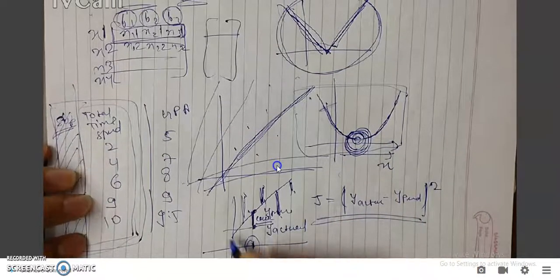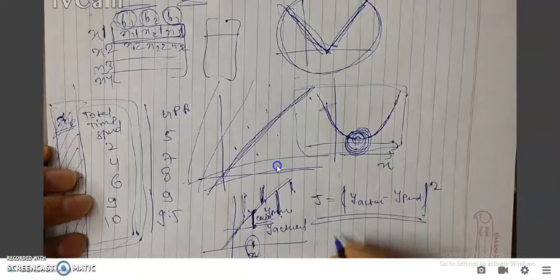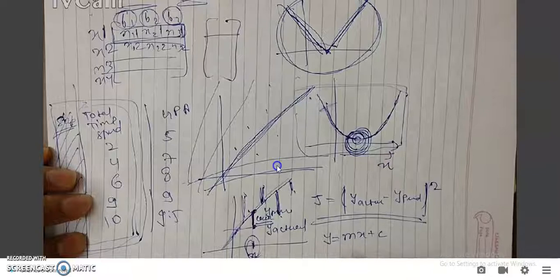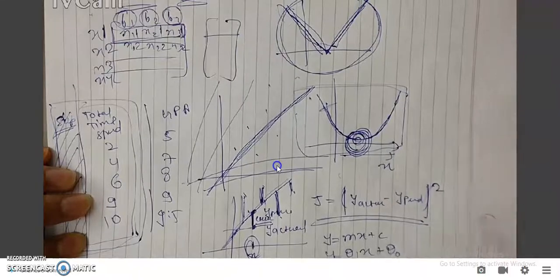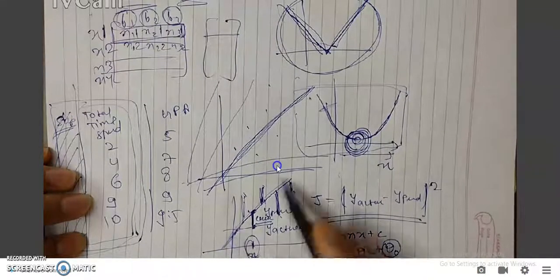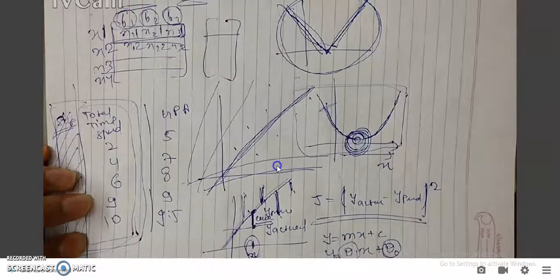If you consider the line equation, that is y equals mx plus c, let's consider the m and c to be theta 1 and theta naught, right? So theta would be theta naught, theta 1, right? We try to get the values of theta 1 and theta naught so that we get the best fit line, right?